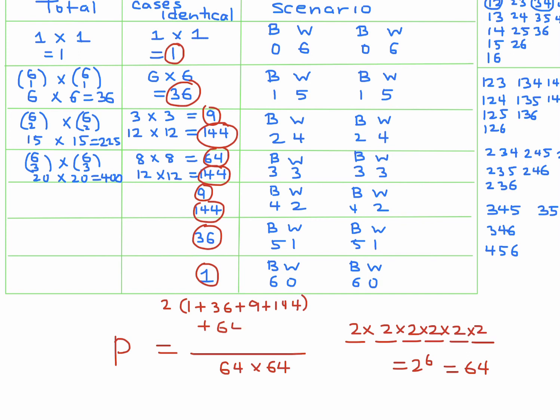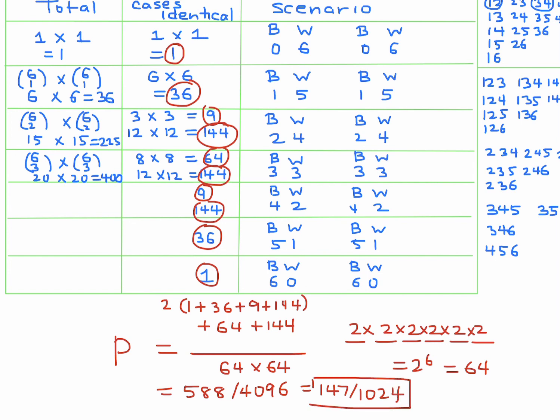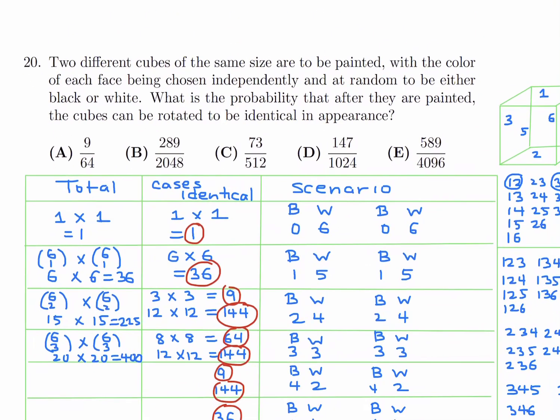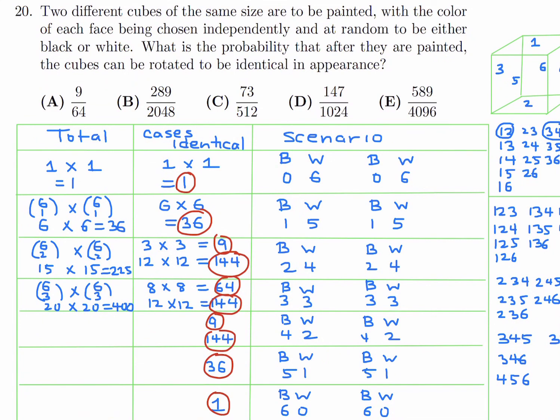And then add a 64 plus a 144, like that. And that is 588 over 4096 in lowest terms. That is 147 over 1024. 147 over 1024, number 20 would be D.